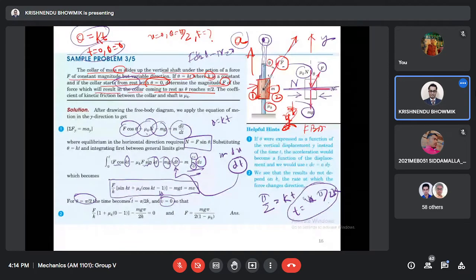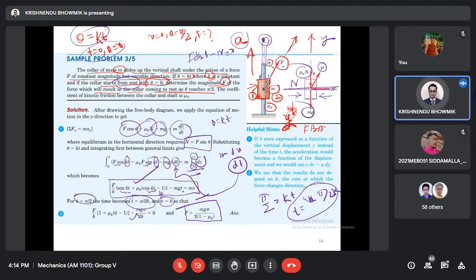Yes, pi by 2k is the t, and velocity equal to 0. You write in these expressions: velocity, theta equal to pi by 2, this is 1, this is 0. Then t equal to pi by 2k. You write this expression. Finally, you will get the corresponding force required.